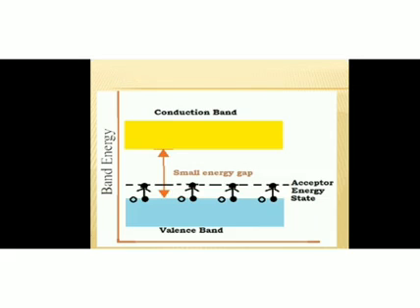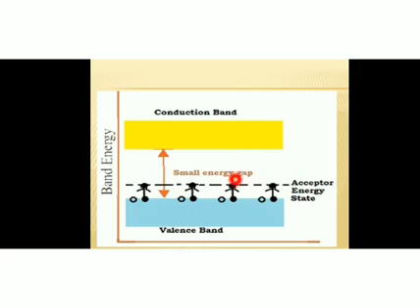Here you can see when the trivalent impurity is added, an additional energy level is created just above the valence band, and this energy level is known as the acceptor energy level. Previously it was the donor energy level because the pentavalent impurity atom donates 1 electron for conduction. But here, when the trivalent impurity atom is added, a hole is created due to which it accepts electrons. That's why this energy level is known as the acceptor energy level, and it is created just above the valence band.